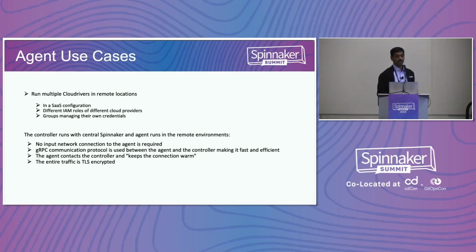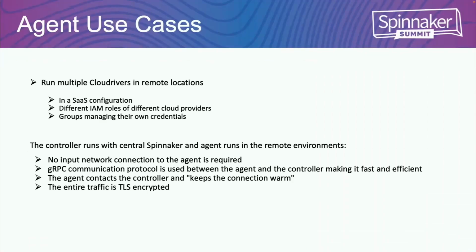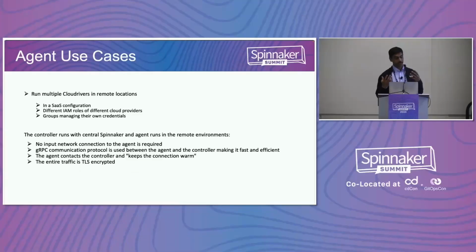So basically the use cases we saw are, you can deploy it in a SaaS configuration because the agent connects back into the Spinnaker. The Spinnaker doesn't need direct access connecting to the remote system. So in a SaaS configuration, when you don't have a direct connection to target environments, you can do that.